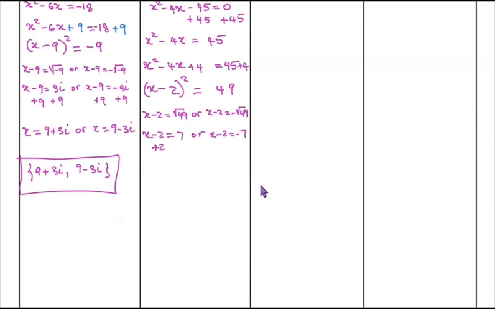If I add 2 on both sides, x equals 9, or x equals negative 5, and the solution set is 9, negative 5.